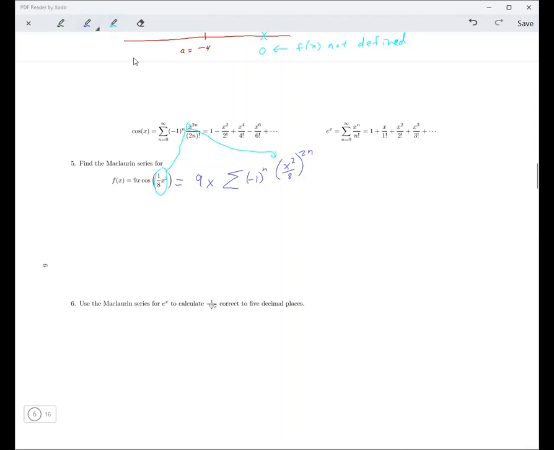And then you're still dividing by 2n factorial, like that, and it's going n equals 0 to infinity. So you just substitute this x with x squared over 8, and then just try to simplify that a little bit.